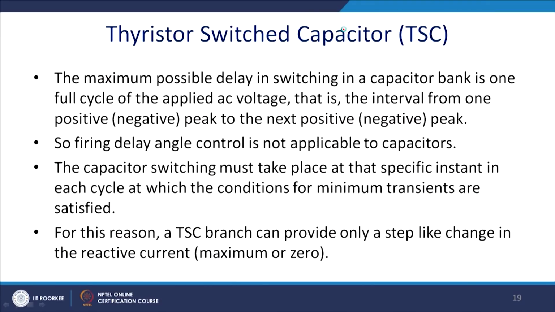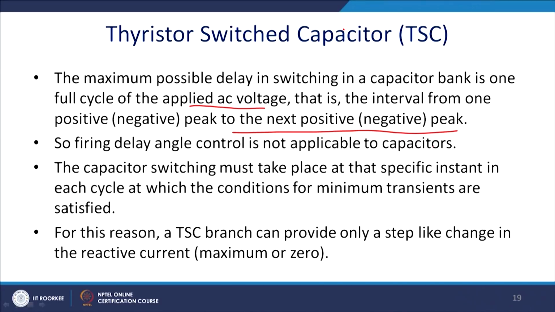The next takeaway: in a thyristor switched capacitor, the maximum possible delay in switching in the capacitor bank is one full cycle of the applied AC voltage. That is the interval from one positive or negative peak to the next negative peak. In case of a 50 Hz cycle, it should be around 10 milliseconds.